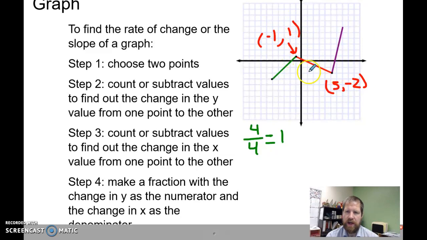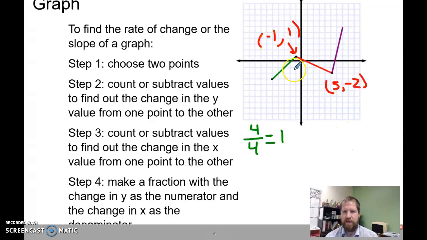And for these ones, I could count in this case, but in cases where you're not able to count, you can just subtract, just like finding the distance between 2 points or using the distance formula. So finding the distance between these 2 points for our x values, I've got negative 1 and 5.